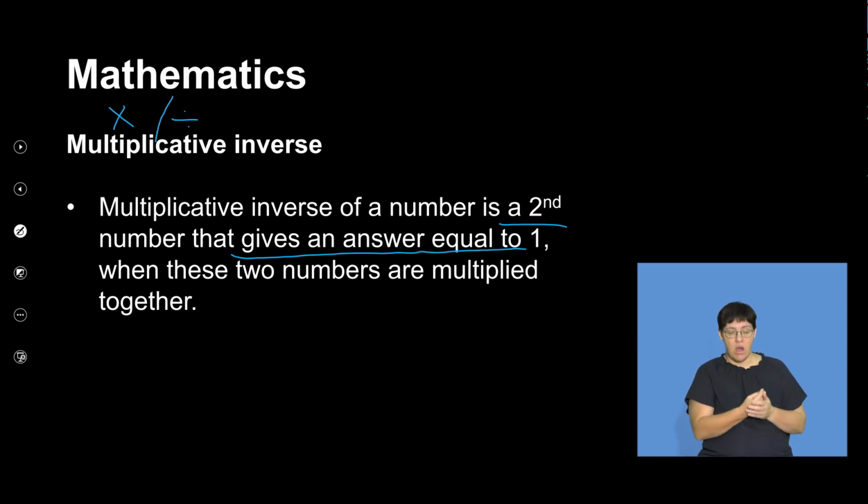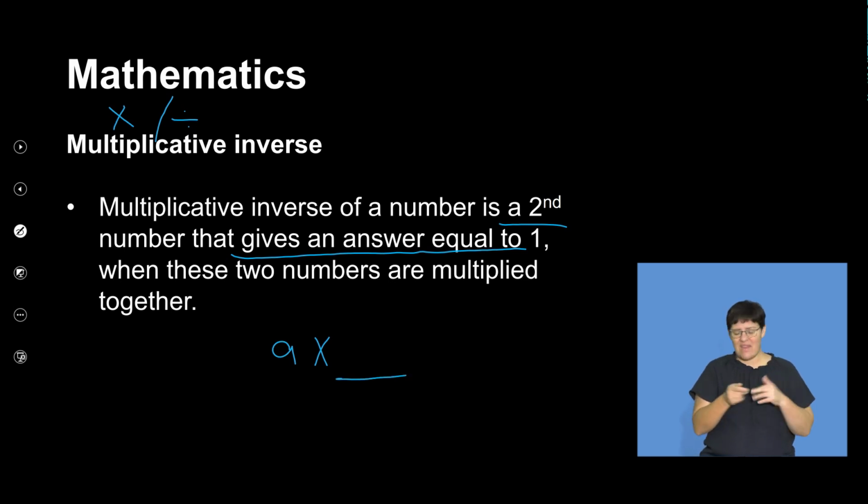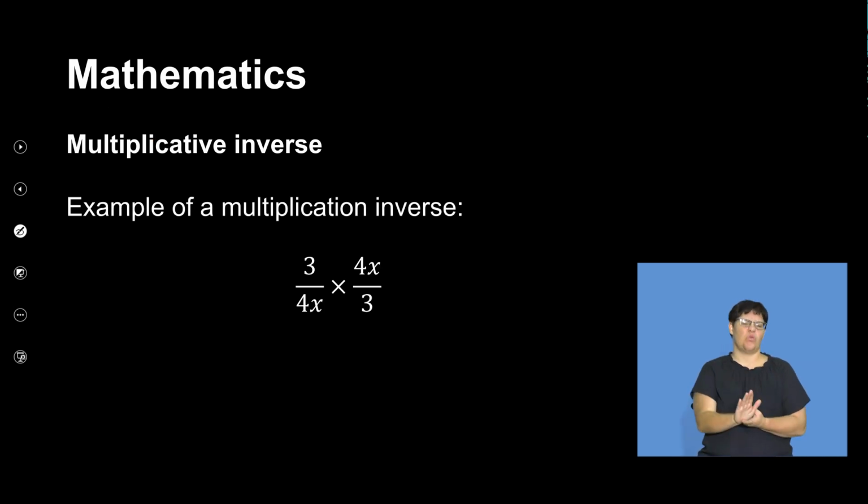So if I have a, whatever I multiply a with, I must always get 1 for it to qualify to be called a multiplicative inverse. So this will be the same as 1 over a, and that will give me 1. But I'll show you exactly what this means.